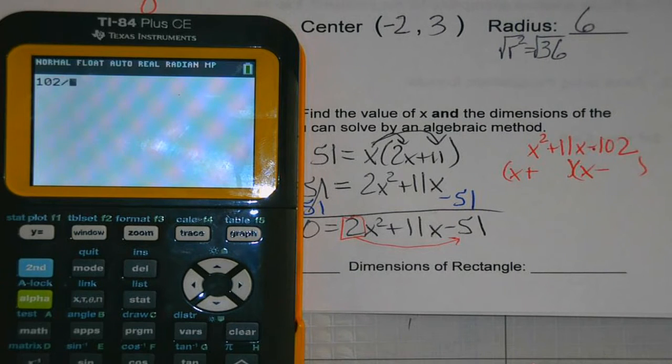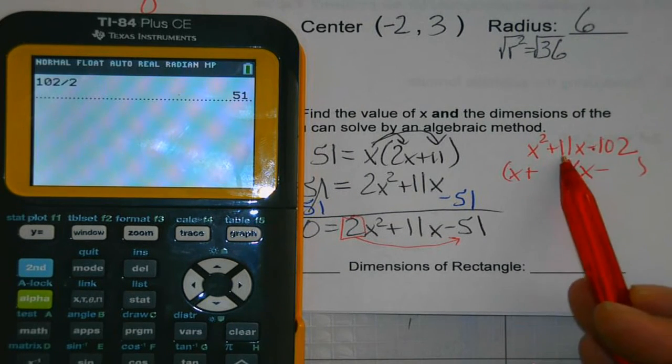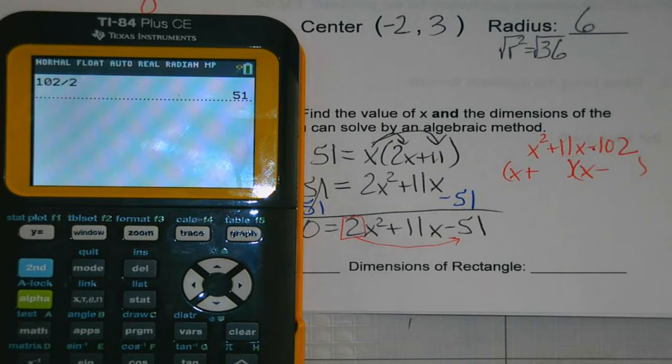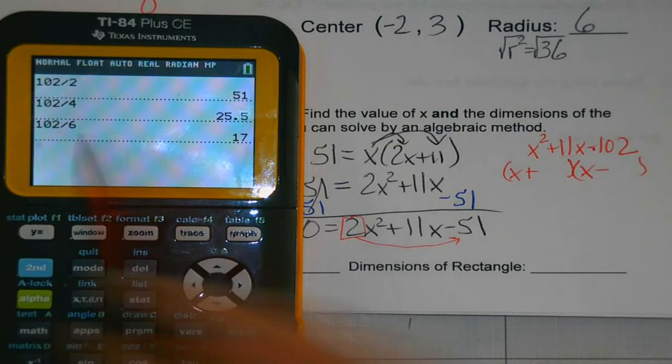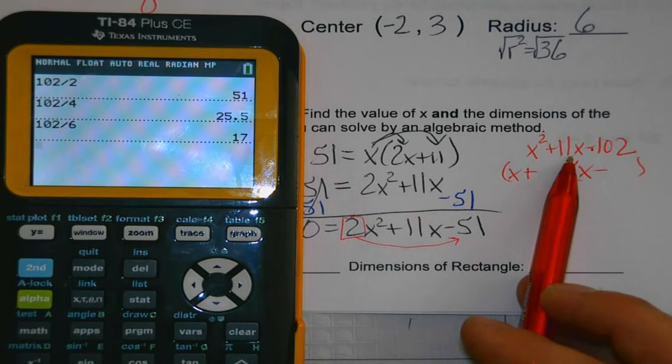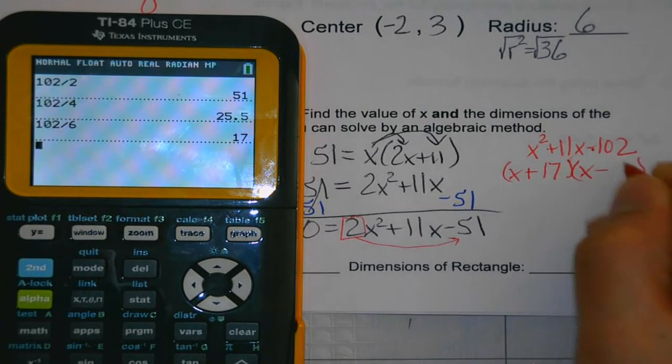I'm going to start taking 102 and I'm going to start dividing it by numbers. But again, I'm looking for two that are 11 apart. So I'm like, okay, that's not big enough. Oh, that's a decimal. That certainly didn't do me any good. 6. Hey, 6 and 17. They're 11 apart. All right, let's do this. 17 and 6.